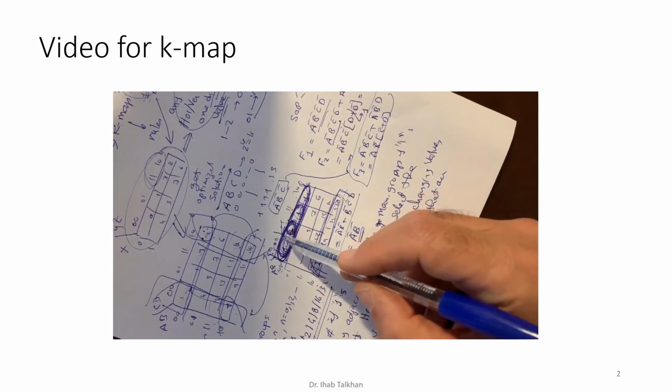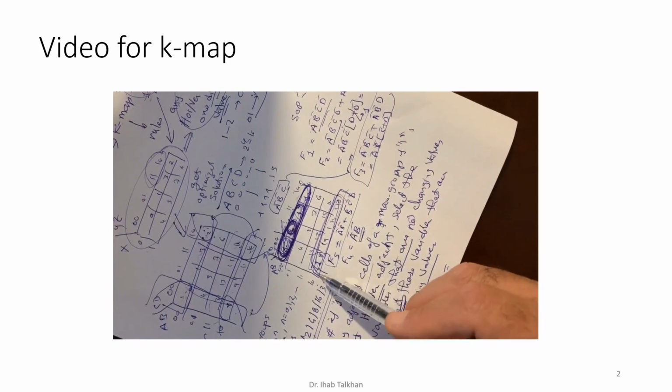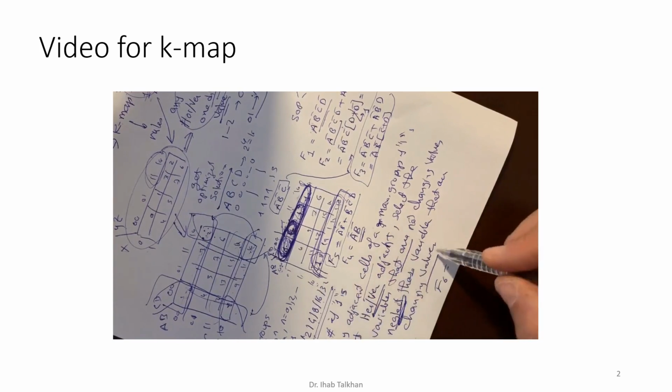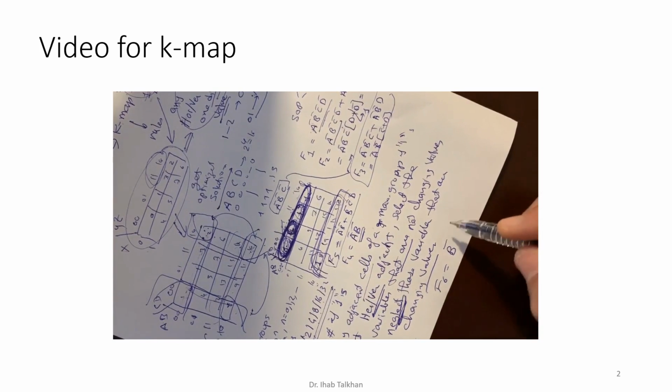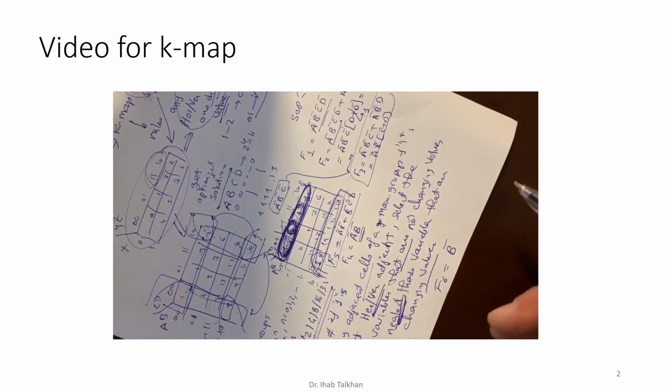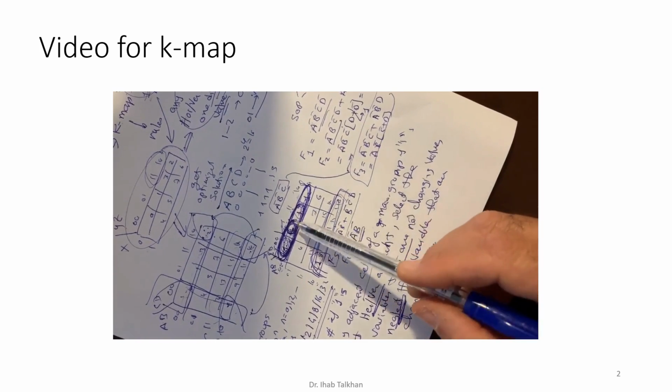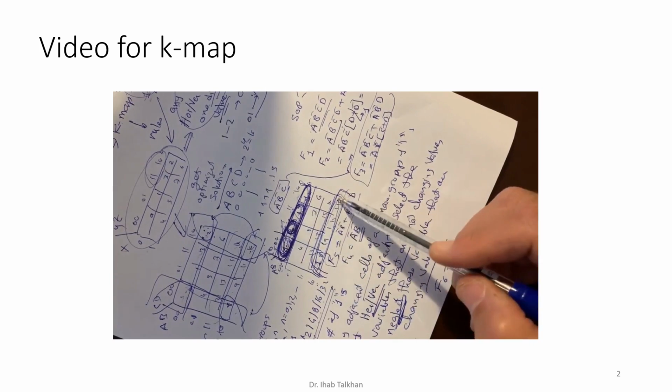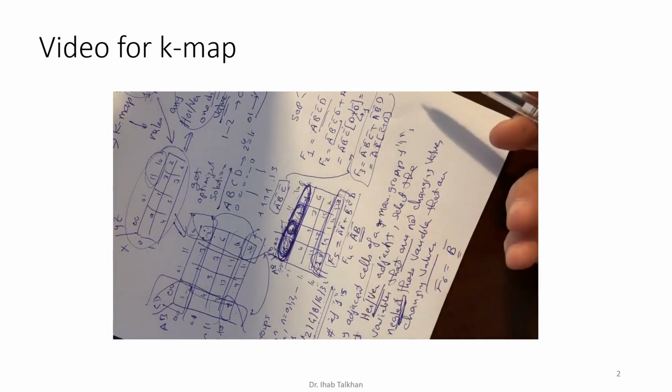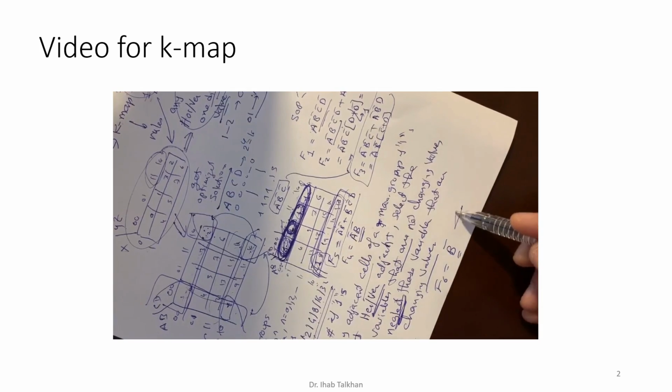In a group of 8, C and D are changing values, and A is also a changing value, and this will not equal B bar, because A, C and D are changing values, and only B is there. So as you can see, you have reduced the function. If you have 1 2 3 4 5 6 7 8 terms and you do it by equations, you end up with F6.